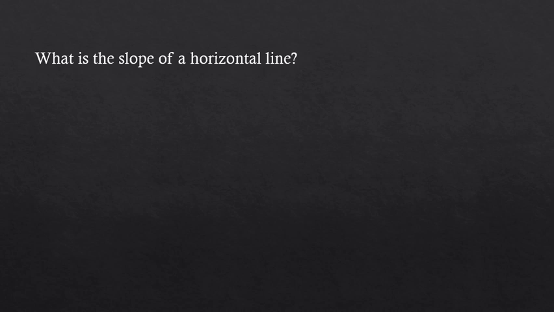Well, if we just think about slope as rise over run, and we look back at that horizontal line, then we know that since it's not going up or down, the rise is 0. We do go side to side. We do have a run. The line does go left to right in some sense.